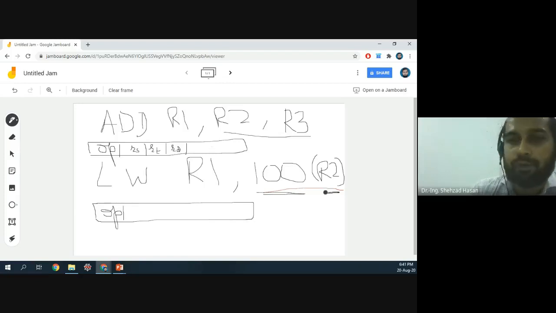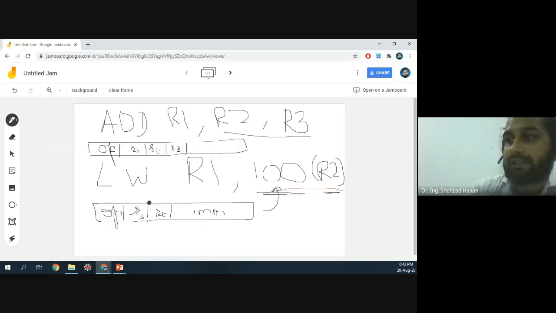But here we just have 2 register codes. And, to keep the instruction format similar, they are RS and RT only. And the remaining field is for the immediate value, like 100 that you are storing over here.